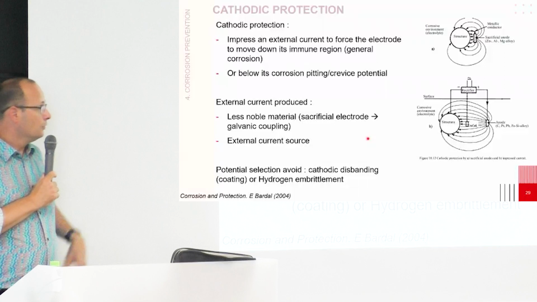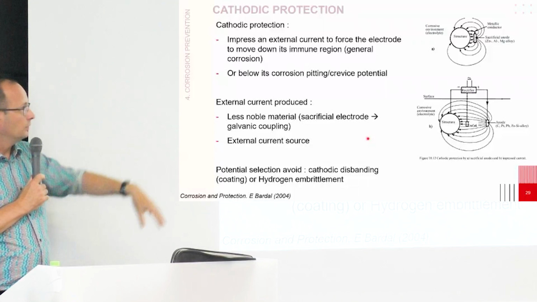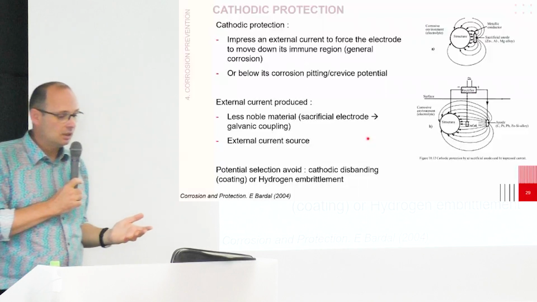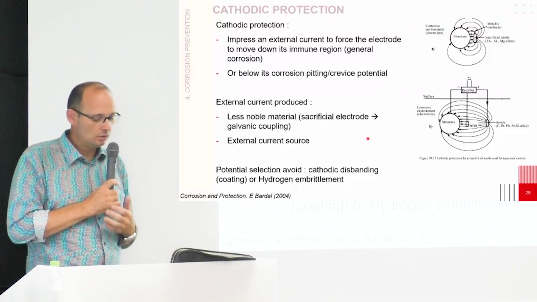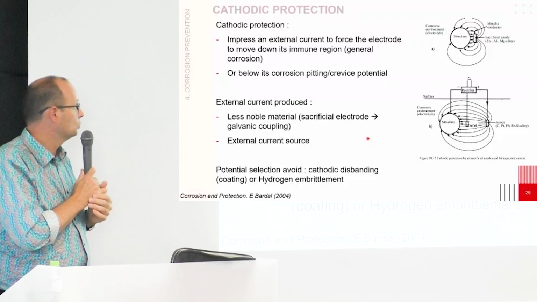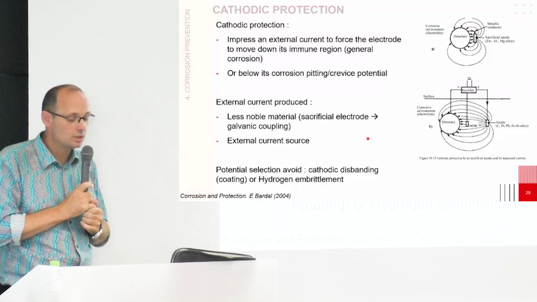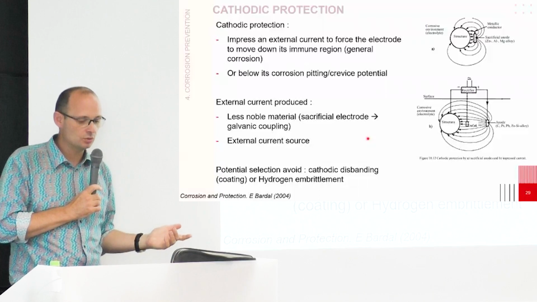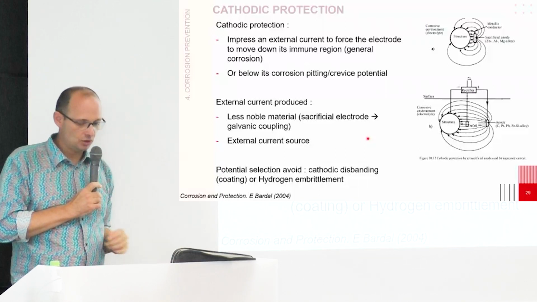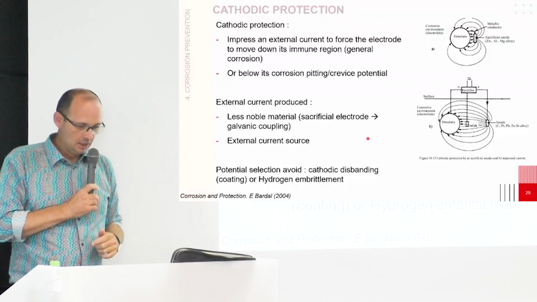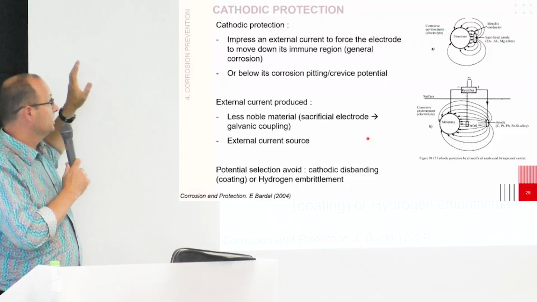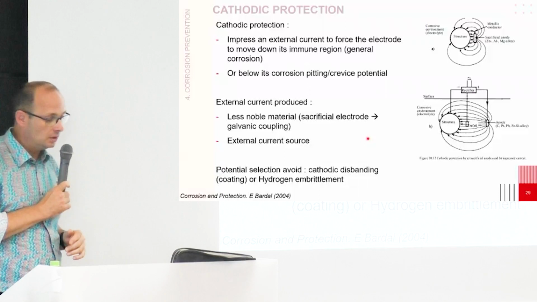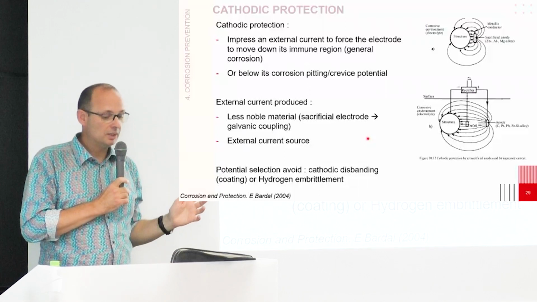Okay, if I try everything and try to solve everything, and sometimes I'm not able to, I need to protect my material. One of the largest ways to protect materials, always used for pipe systems and pipe infrastructure, is cathodic protection. The idea of cathodic protection is to apply an external current that will immunize the material.